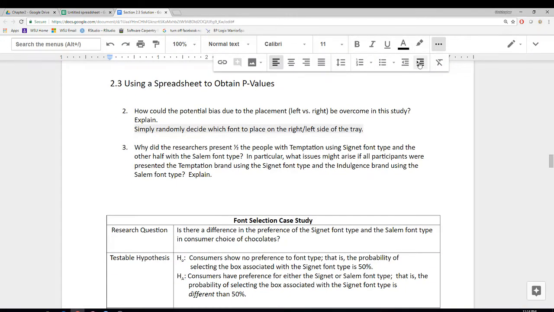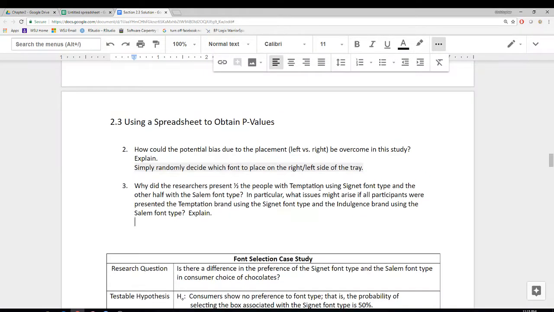Okay, how about this last one? This last one's a little more important than just the potential bias from left-handedness or right-handedness. Why did the researchers give half the people Temptation with the Signet font, and the other half of the people the other name, Indulgence, with the Signet font?